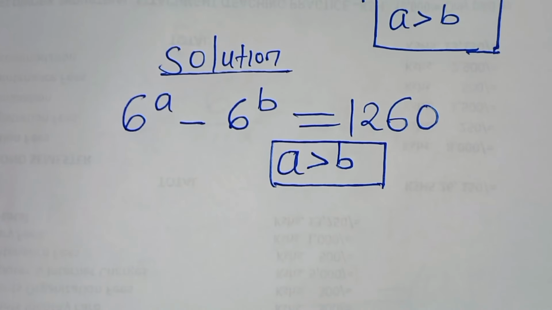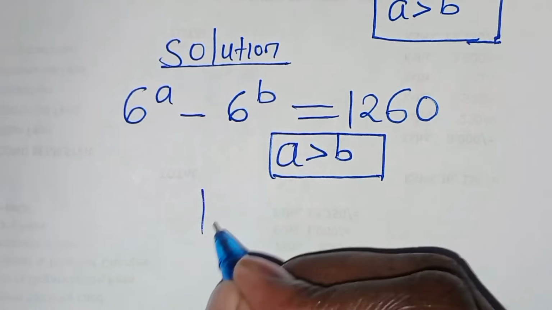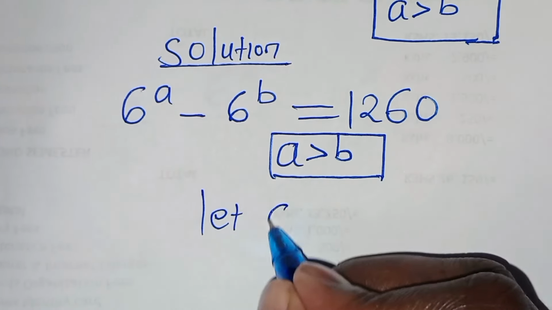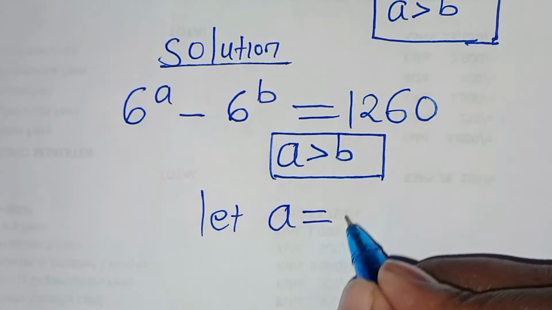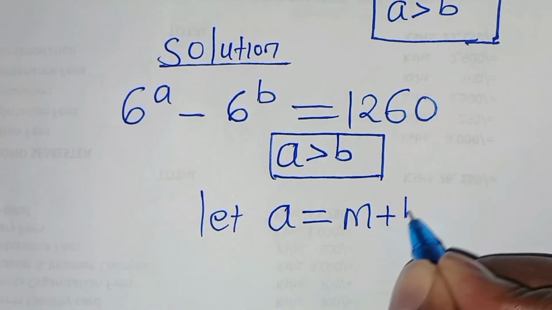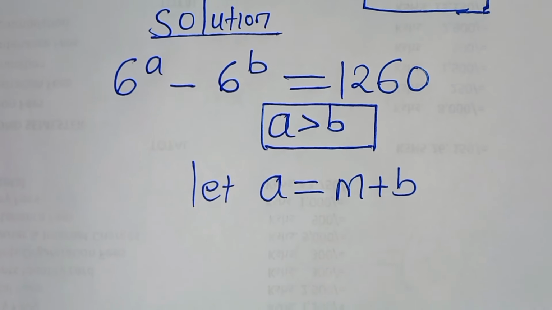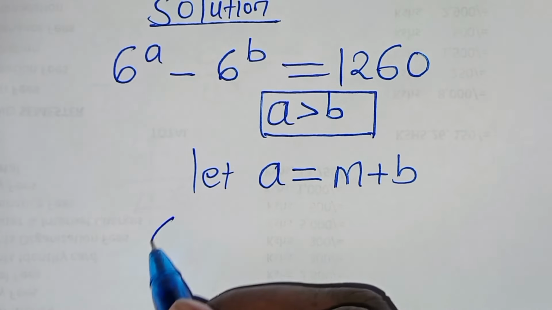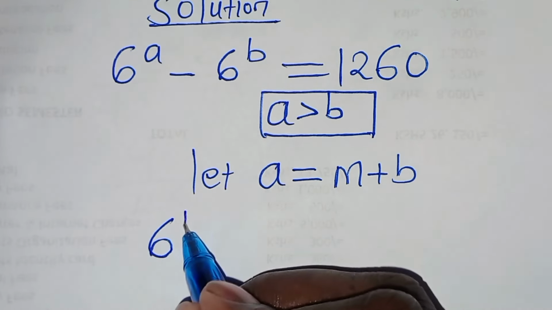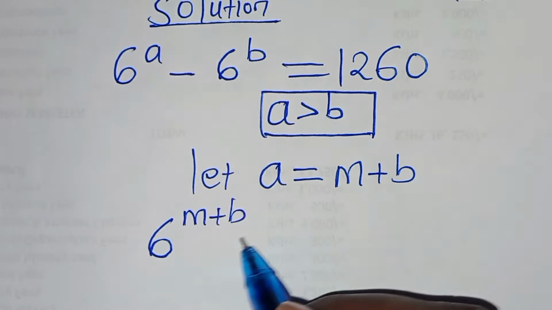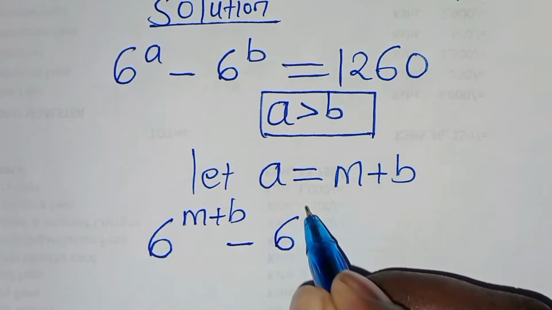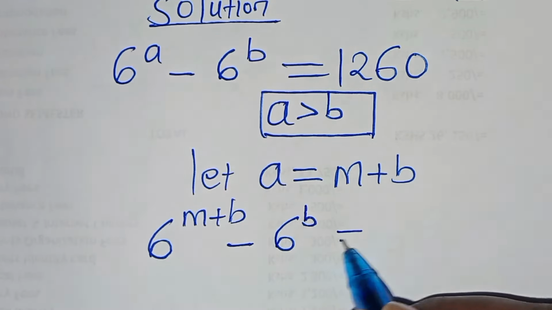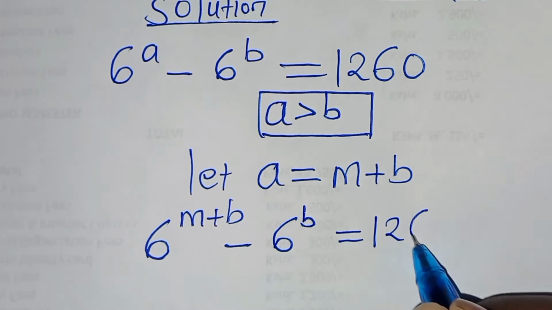So we can let a be equal to m plus b. Substituting a with m plus b, the equation becomes 6 to the power of m plus b, subtract 6 to the power of b, equal to 1260.